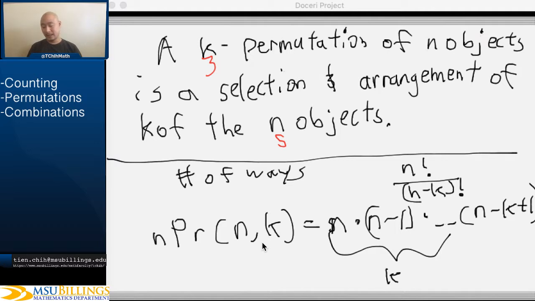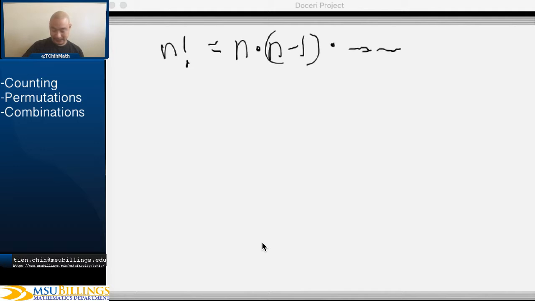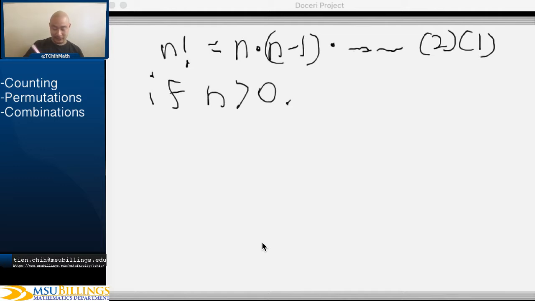All right. I suppose I should talk about what the factorial means. N factorial is simply the product n times n minus 1 times dot dot dot dot dot to 1 if n is bigger than 0, and 0 factorial is just defined to be 1.